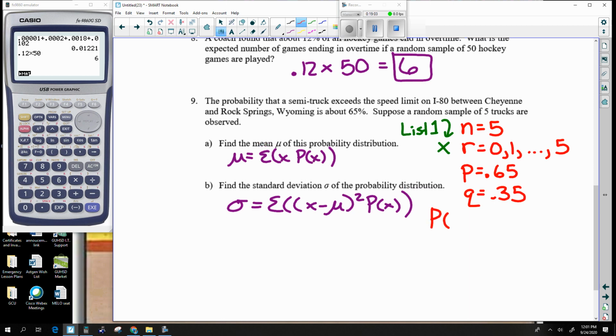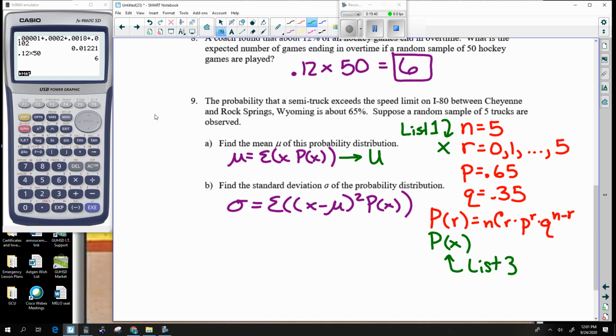The probability of an individual success is nCr, p to the r, q to the n minus r. This is pretty much saying this is P of X, which I'm ultimately going to be storing as list 3. Okay, the other storage is when I get this answer for mu, I'm going to save it as the letter U. Okay, so I'm working towards that first question, and I need to get the p(x), AKA this P of R, to make that work.